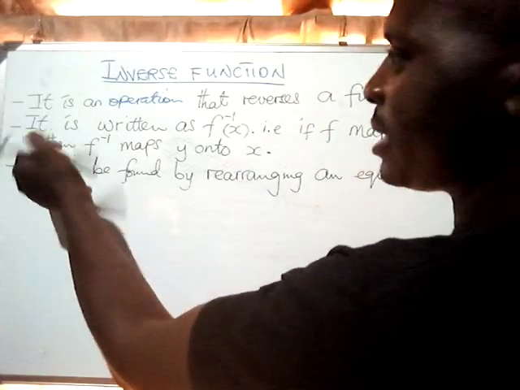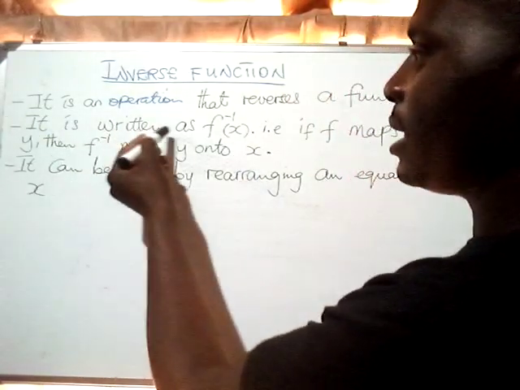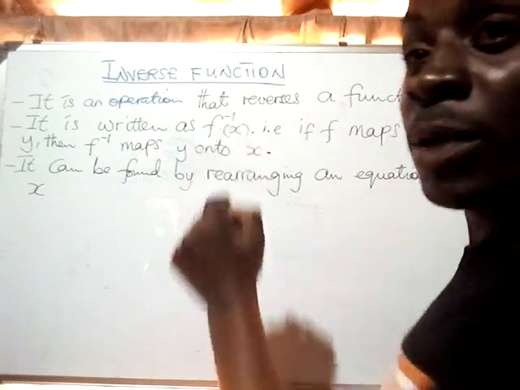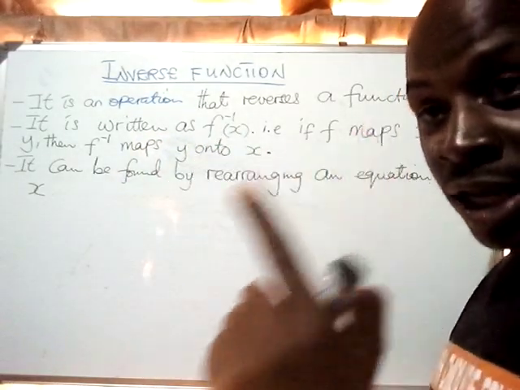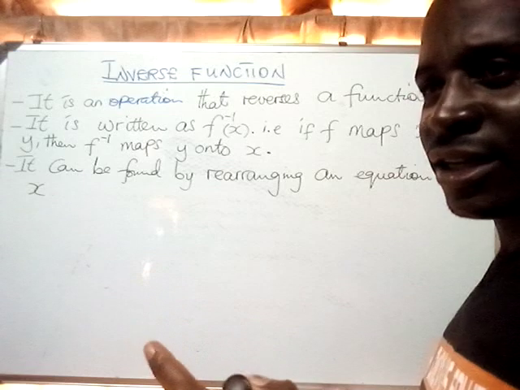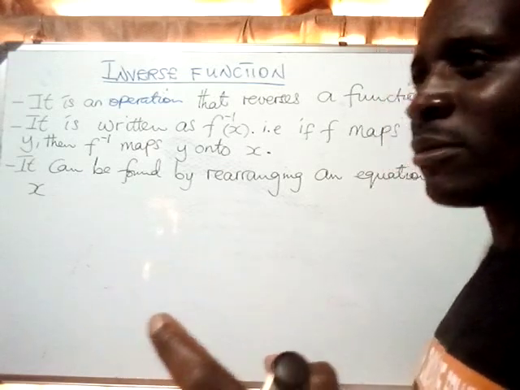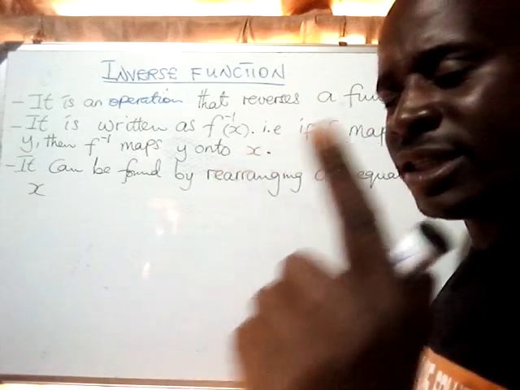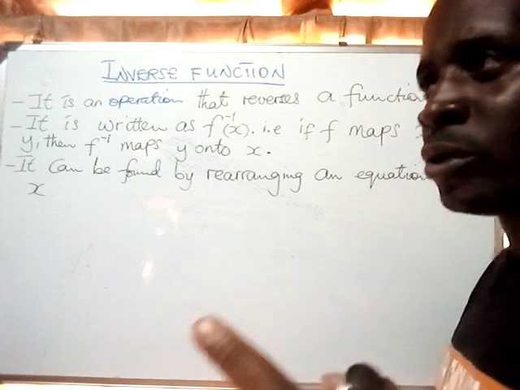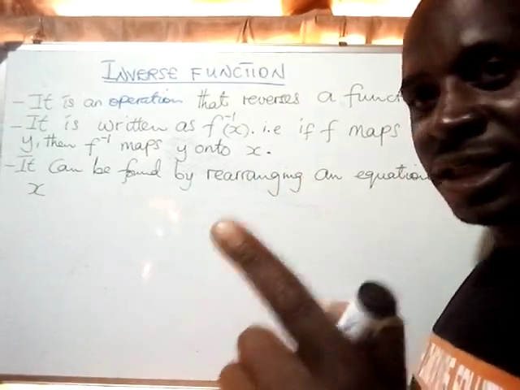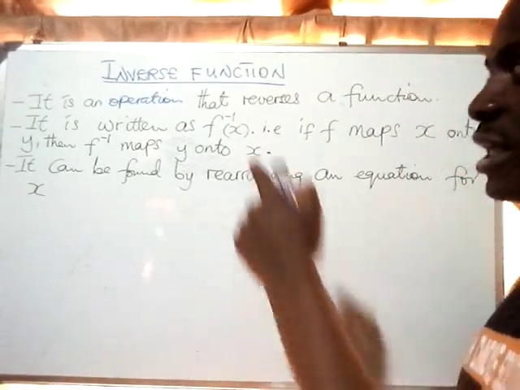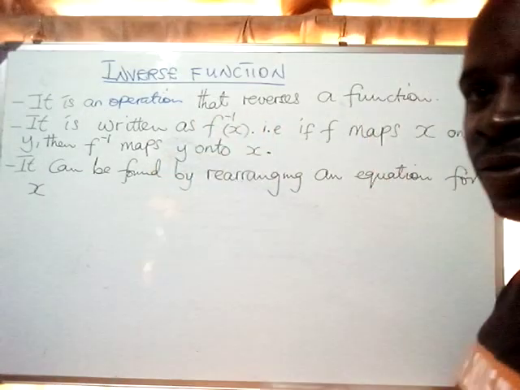Now, it continues by saying it is written as f to the power negative 1. That is an inverse. Remember under grade 10 topic number 2, where we looked at indices, we looked at things to do with the power negative.